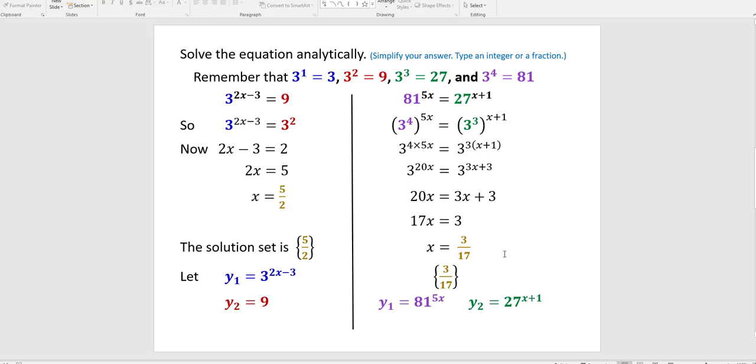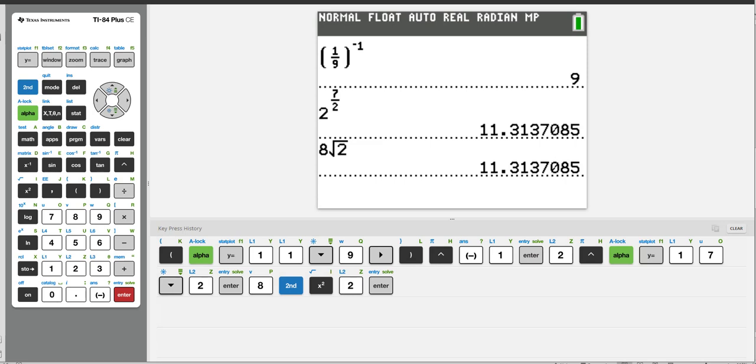To solve these equations using the TI-84 calculator, set the left-hand side of the equation equal to y1. And set the right-hand side of the equation equal to y2. To solve the first equation on the left, press y equals.